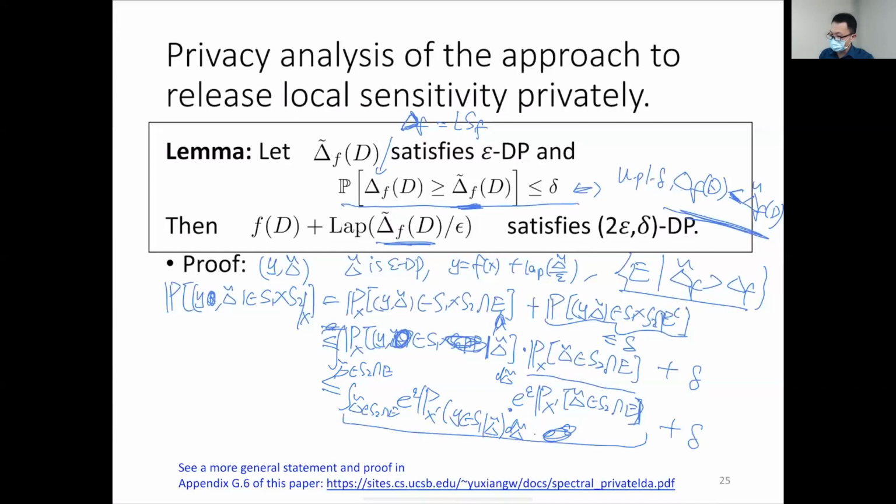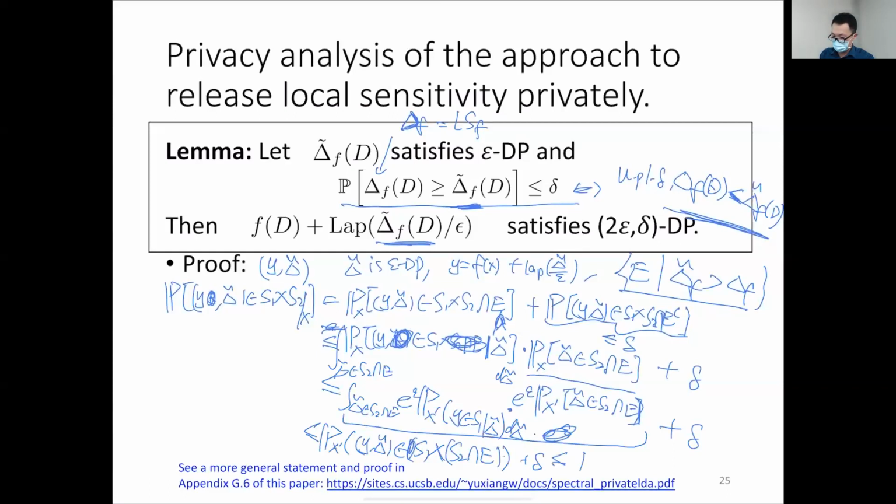And all these together we can assemble into p of x prime, y and delta tilde belongs to S1, multiply with S2 intersect with E. But we can also just drop E, because intersecting with anything will make the set smaller.